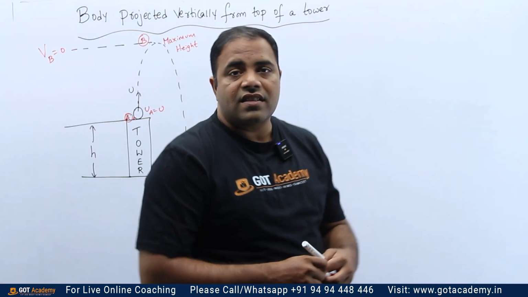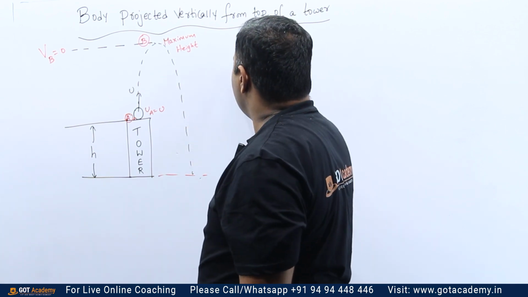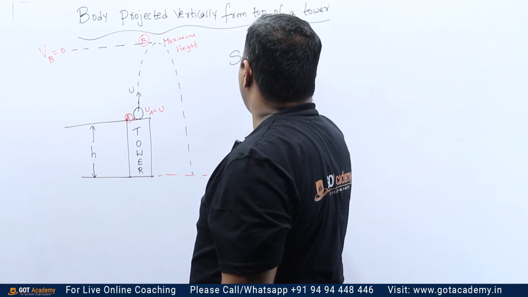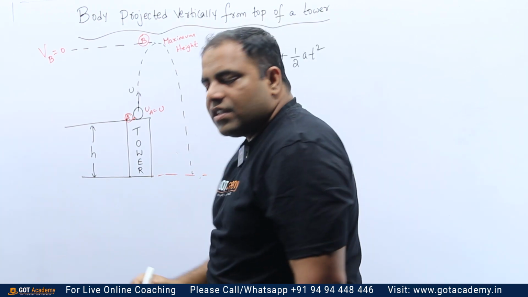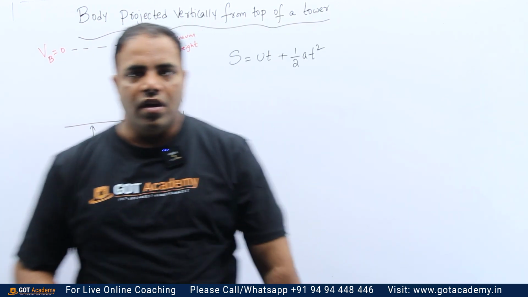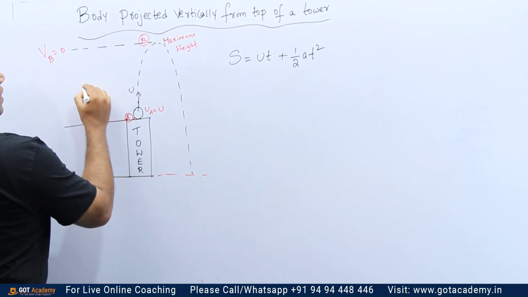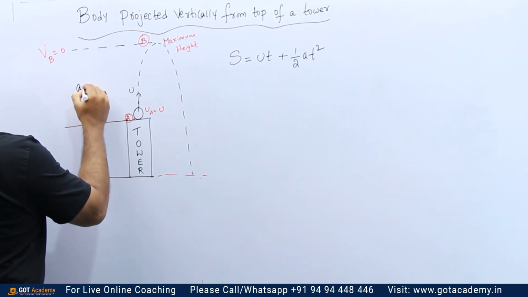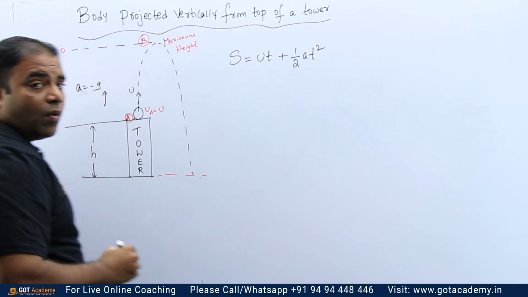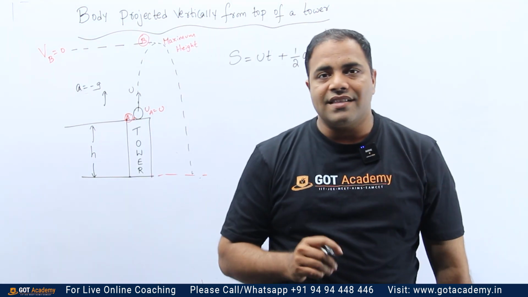In this case, we are going to study its factors. That is, s = ut + (1/2)at². This is the basic equation that we know regarding distance. When a body is thrown up, acceleration a equals minus g.